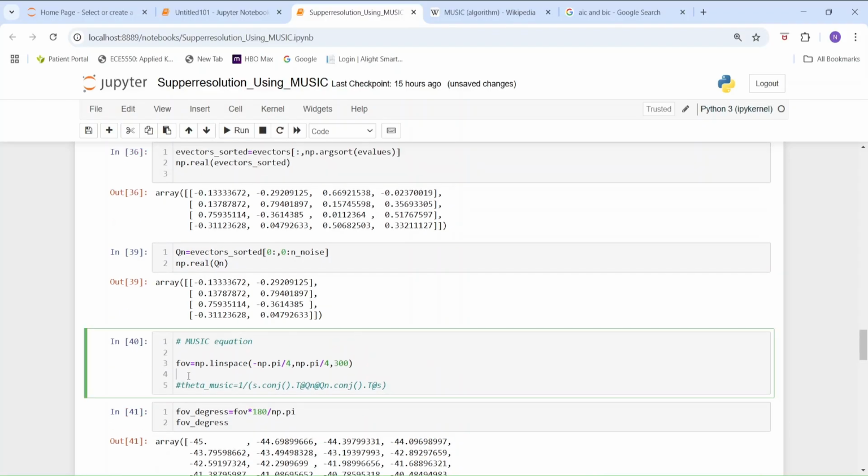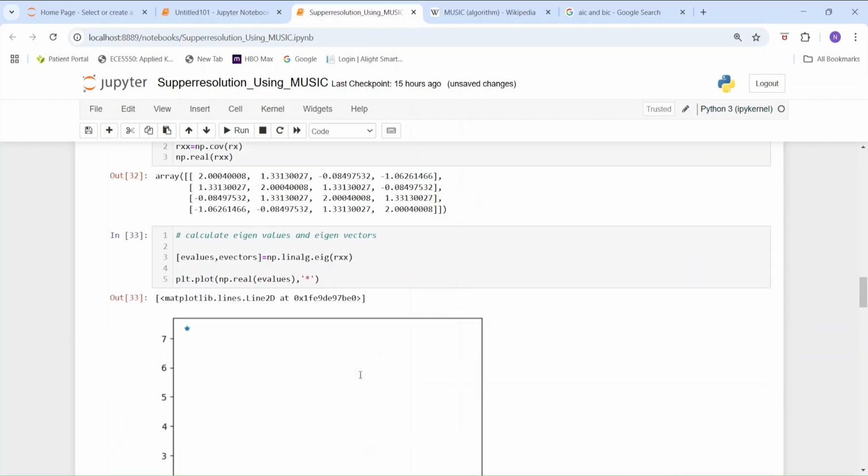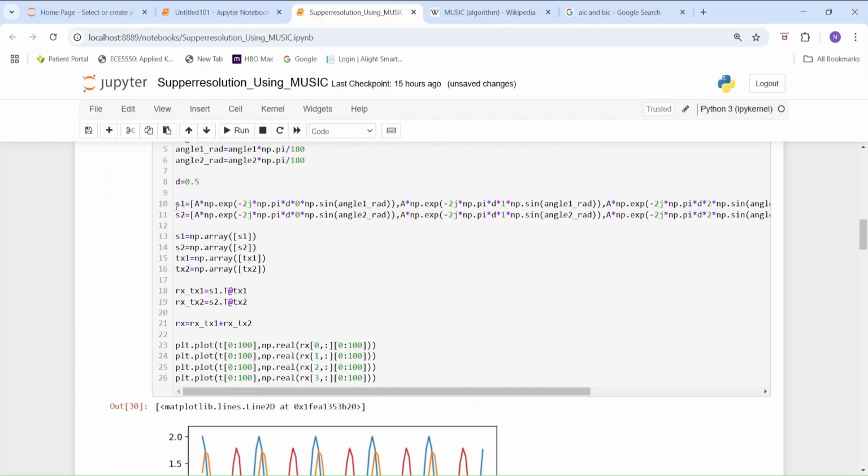So this is our field of view, and basically we need to run a for loop here. So for i in FOV, we are going to scan through all these angles. Okay, and the steering vector equation is missing here, so let's copy it from here.